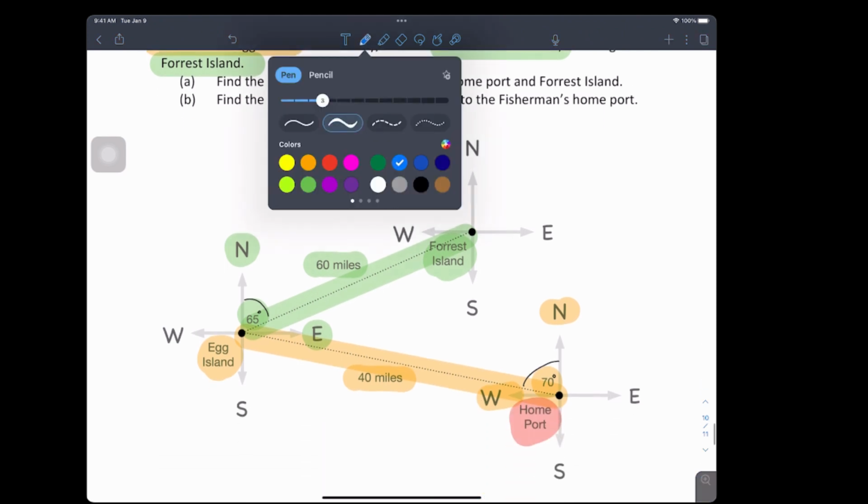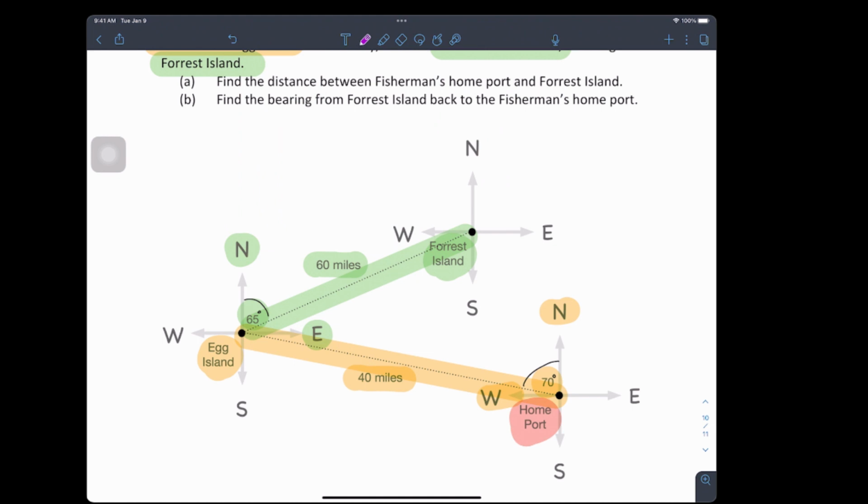Okay. So what I'm going to say to you guys is this: Forest Island, Home Port.